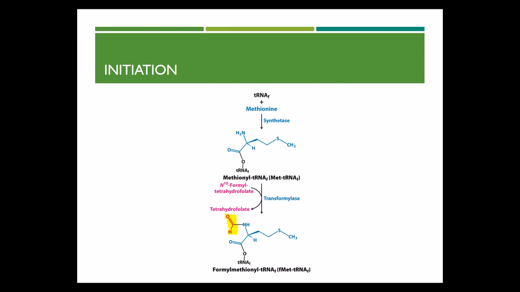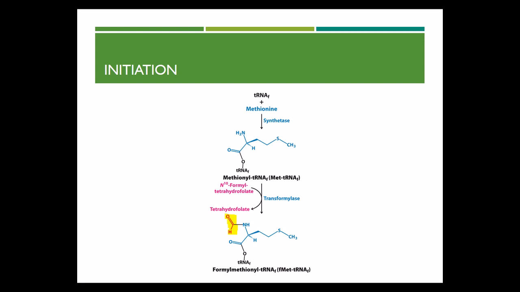The resulting aminoacyl group is designated f-methionine, where the f stands for the addition of the formyl group. And the initiator then is known as the formyl methionine transfer RNA.